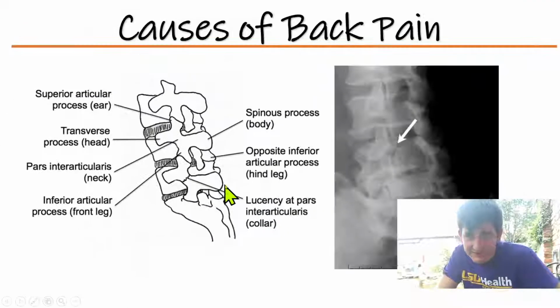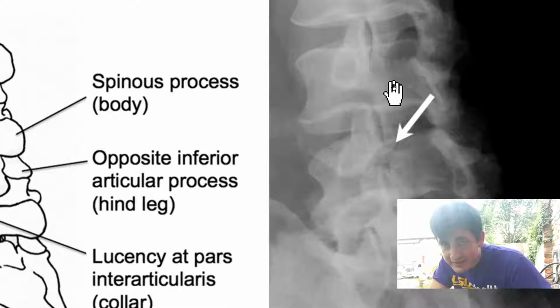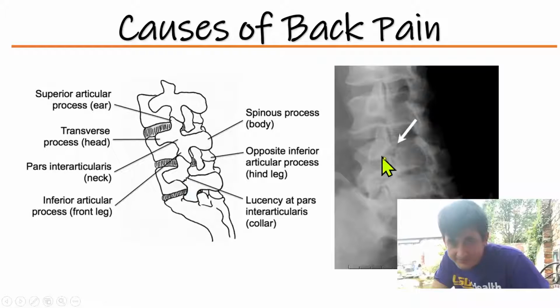The collar is the fracture. Here's a fracture right here. It's very vague, so you have to look very close. But if you look up here, it's not radiolucent, but here's lucency. Little dark line, a little crack here seen, and it's like a little collar around the neck of the dog. So hopefully everyone can spot that.